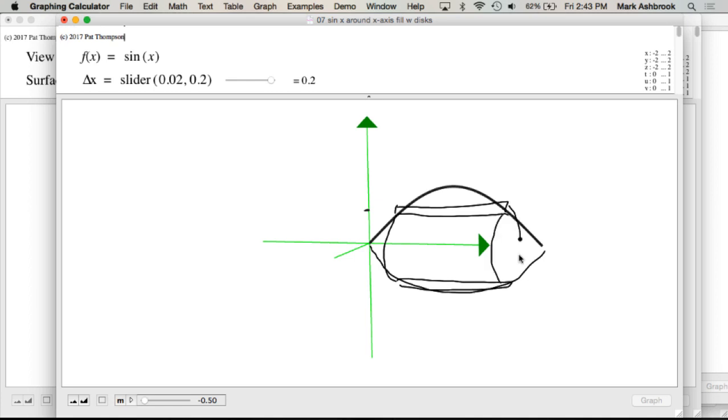And so here I'm drawing one shell, like that. So we got one of those shells. I'm drawing one of those shells there.